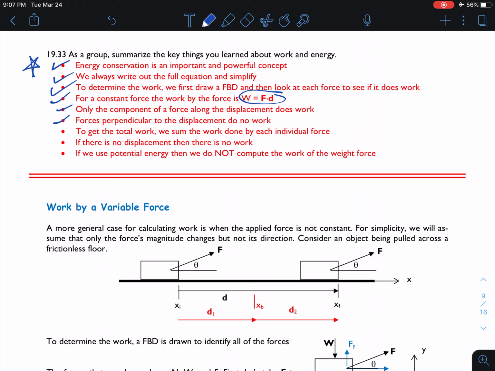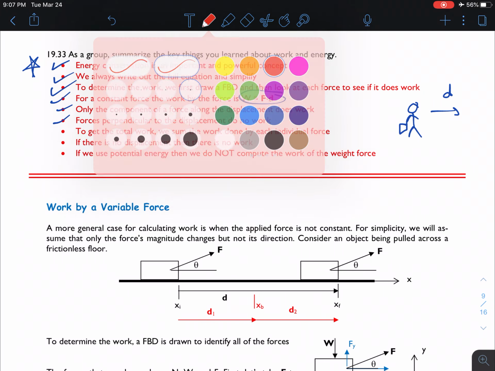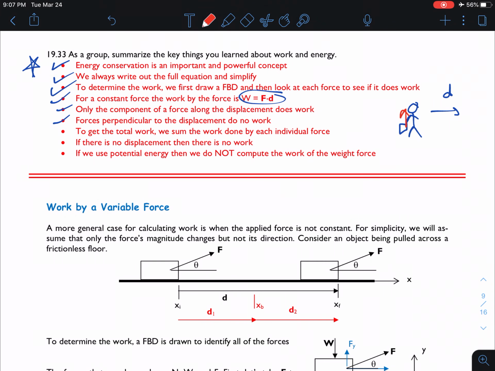It feels like you're doing a lot of work, but actually think about the displacement direction and how you're pulling the bag. You're pulling the bag upward, and if you're moving in this direction, and this is the bag, the force is upward, right? This is your force on that bag by you, the applied force.